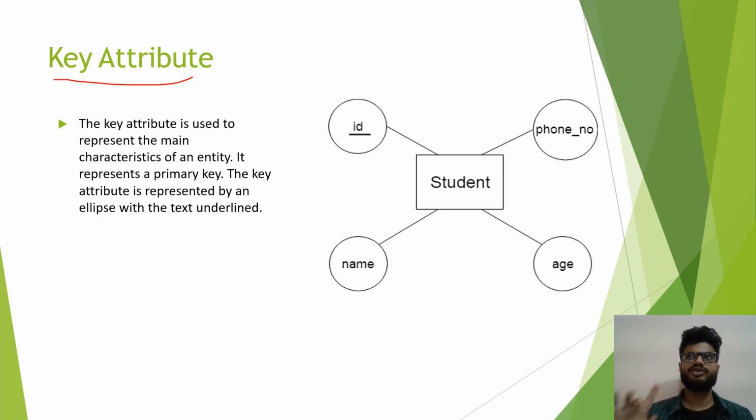We usually make those attributes the primary key which are not repeated, for example, ID number or Aadhaar number. So here in the student entity, the ID is the only primary key attribute.